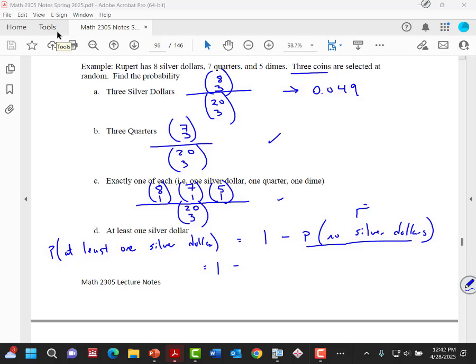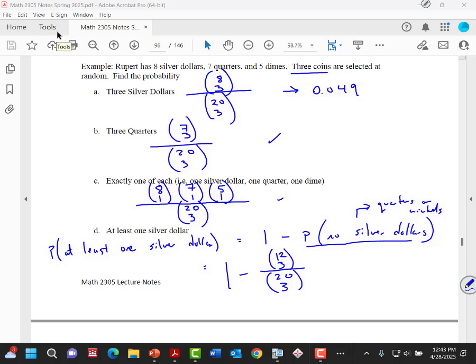Well, if I get no silver dollars, that means I only get quarters or dimes. So how many quarters and dimes do I have? Well, that's 12. So from the 12 non-silver dollars, choose 3 of them, over from the 20 total coins, choose 3. I would compute this fraction, 12 choose 3 over 20 choose 3.